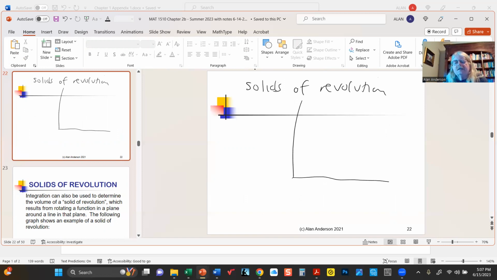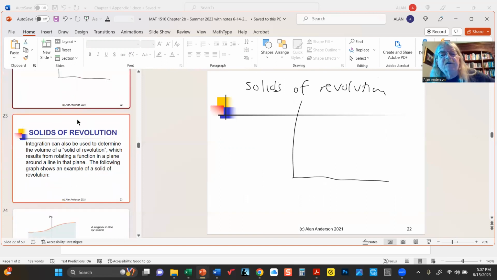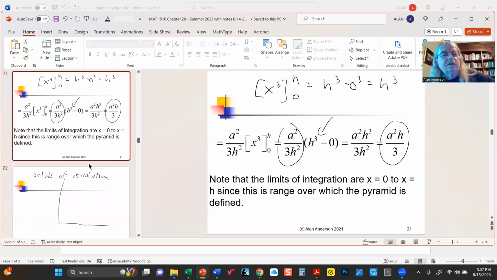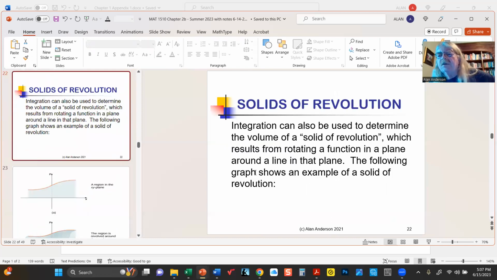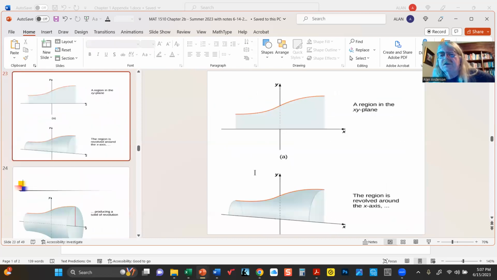If you can imagine, wow, I'm not sure if I can do this. I'm just going to jump ahead and show you a picture taken from the book. I really don't think my drawing skills are up to this. Let me show you an example of what we mean by a solid of revolution.